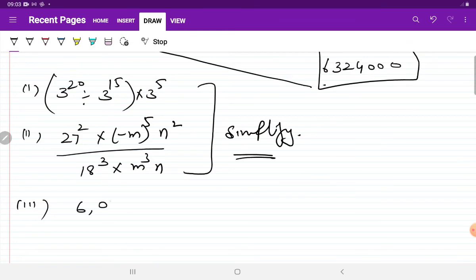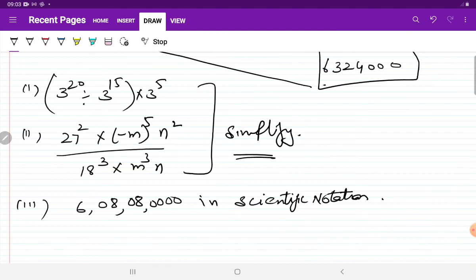Express 608080000 in scientific notation. Okay, you have to express this number in scientific notation.